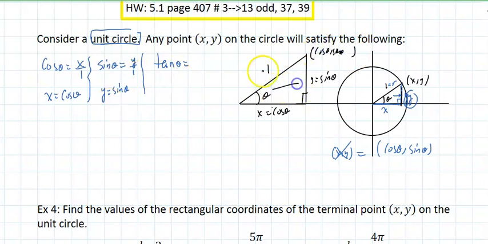Tan of theta is the opposite over the adjacent.